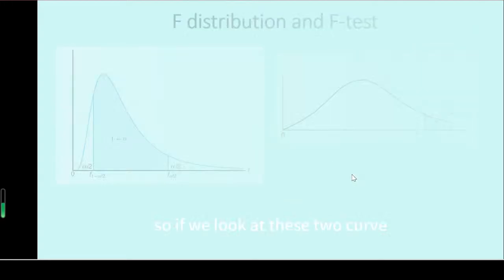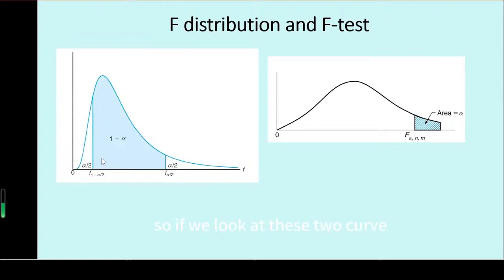So if we look at these two curves, both are F distributions. So this is a critical value. We say F alpha n m. Why do we call this alpha? Because this critical value leaves the area to the right equal to alpha under this probability density curve.